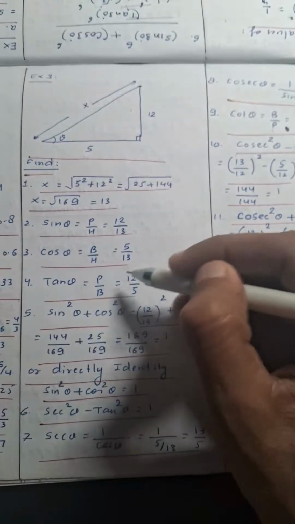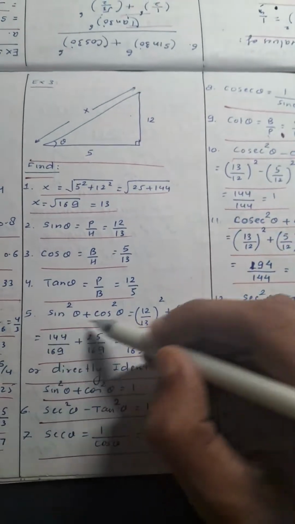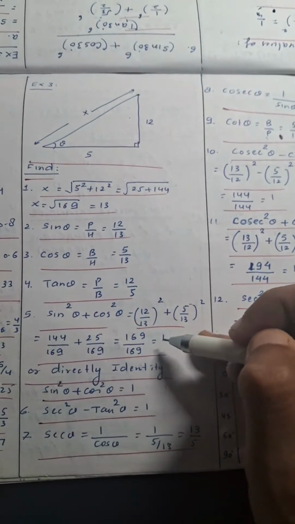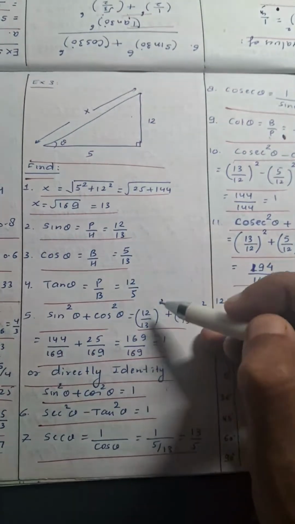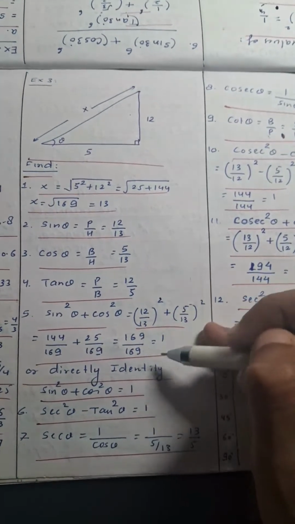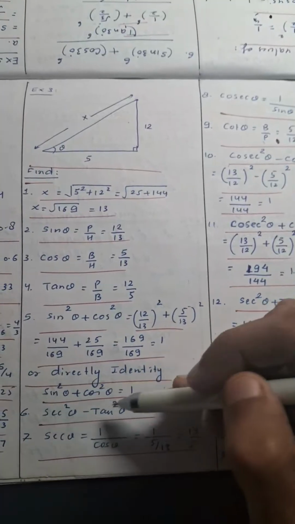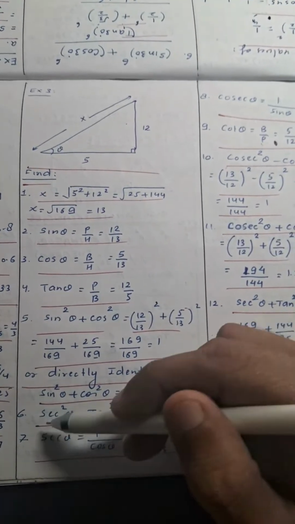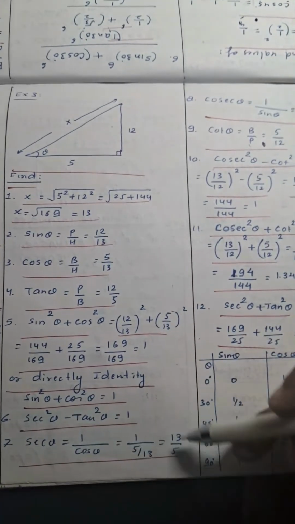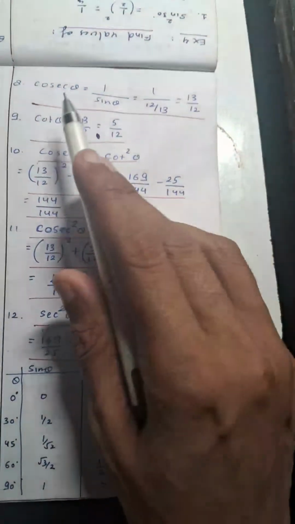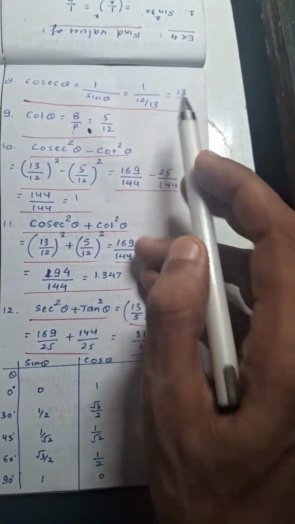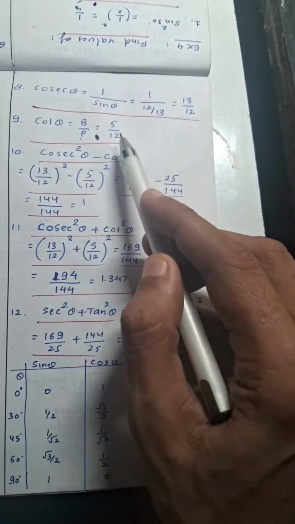Tan theta is p by b, which will be 12 by 5. Sin square theta plus cos square theta, we already know that it is 1, but we can also verify that by substituting the values. So next is sec square theta minus tan square theta, it is equal to 1. Sec theta is 1 by cos theta, which will be 13 by 5. Then cosec theta will be 1 by sin theta, 13 by 12. Cot theta b by p, 5 by 12.